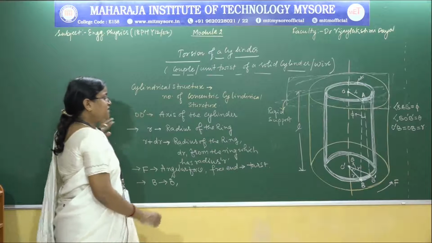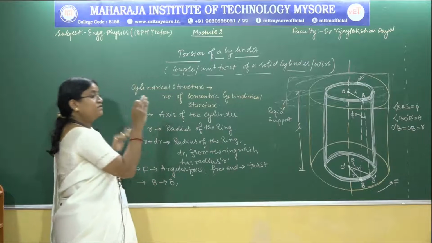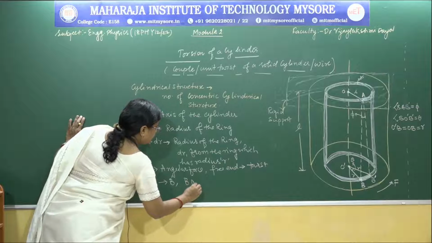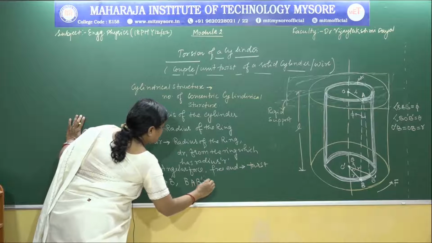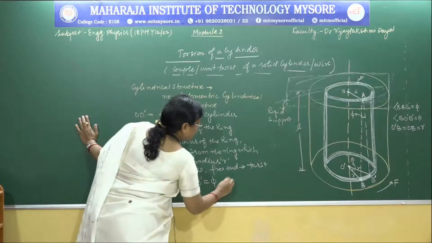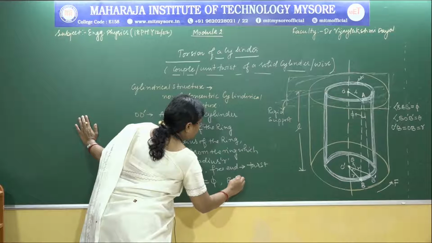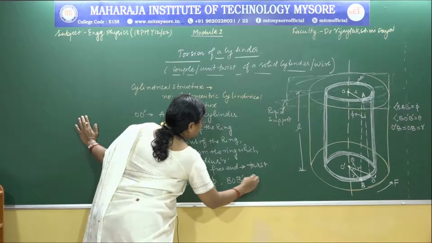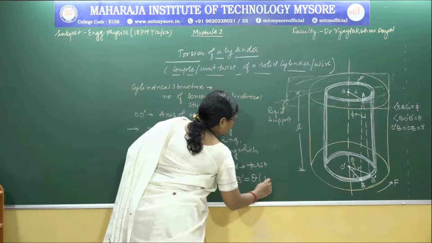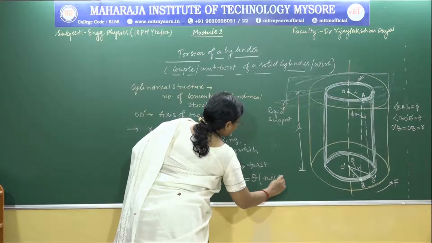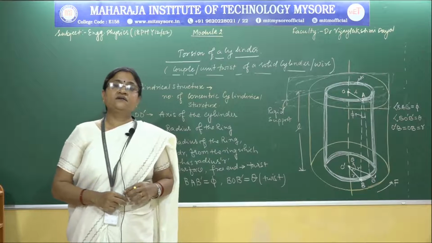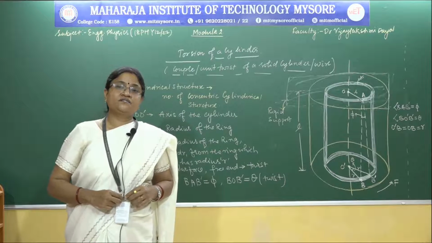If we consider a fixed point A on the upper surface, then angle BAB dash is equal to phi and angle BOB dash is equal to theta. This theta is the measure of the twist or the torsion produced in the cylinder.